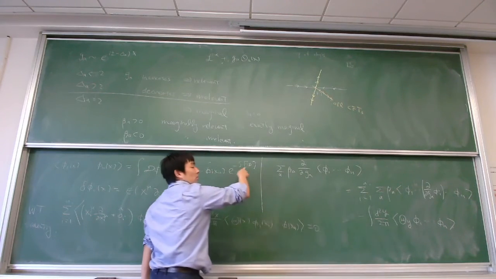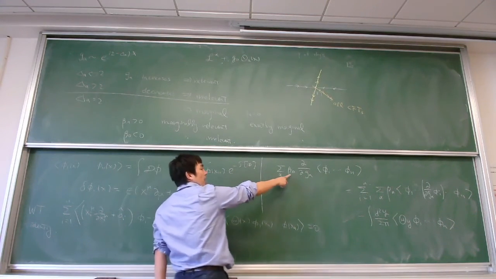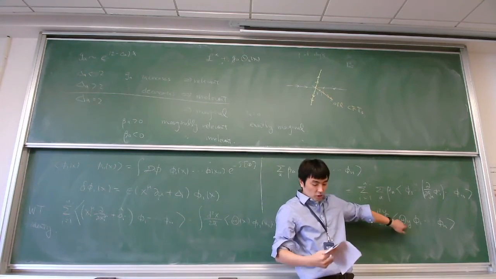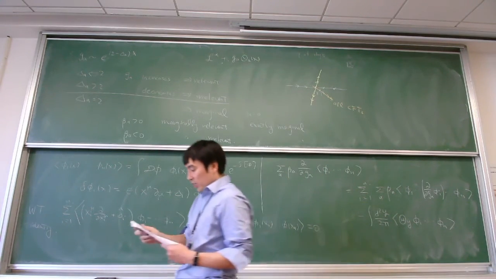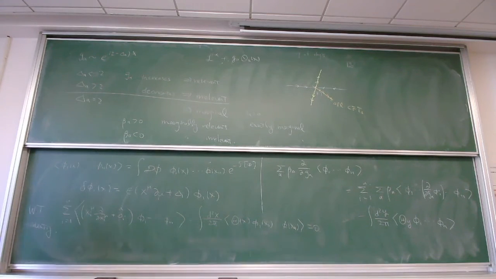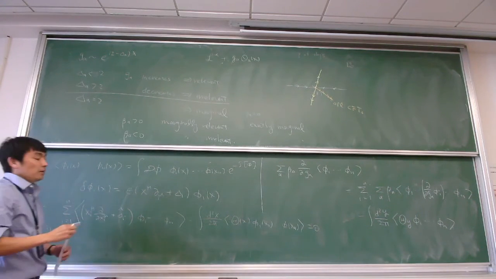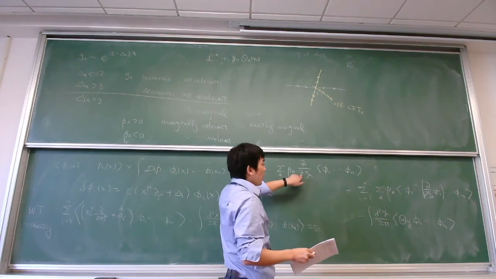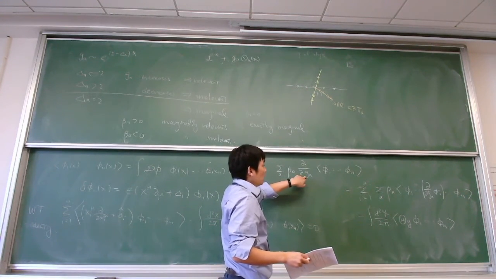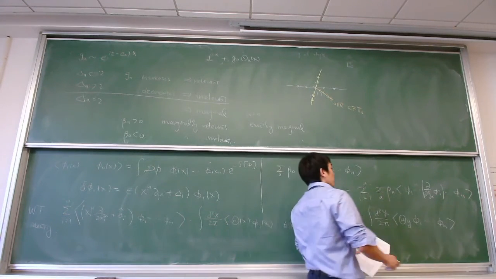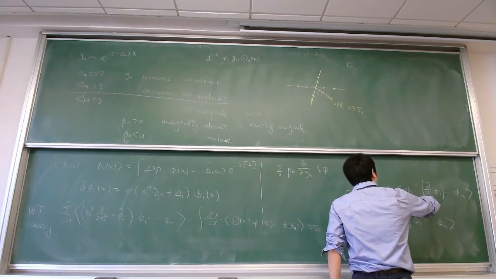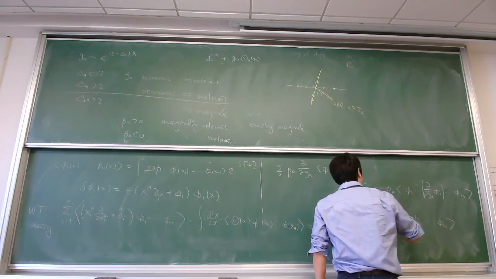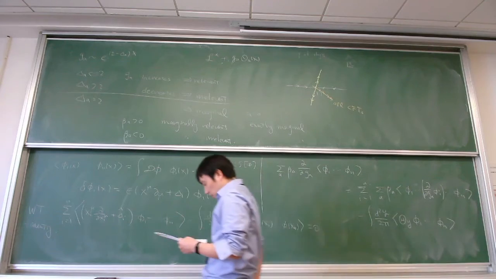Also, G A can act on the action S, and beta A times the derivative of G A will give you the trace part, the trace of the stress energy tensor. So the dependence of the correlation function on the coupling constant is measured by how the phi field depends on G A and also the trace of the stress energy tensor.